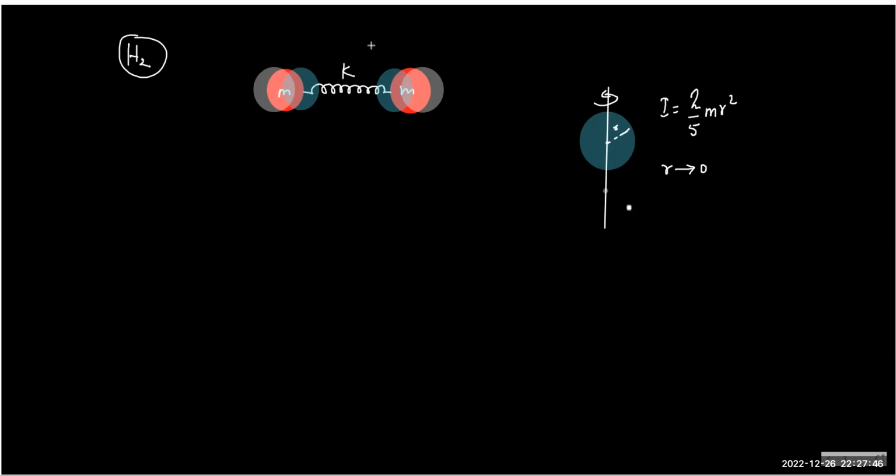And if something is almost overlapping with the axis, what is the moment of inertia of this particle? 0. Which means, though it may rotate, we cannot deny it, but such rotation will be effortless. Understood?